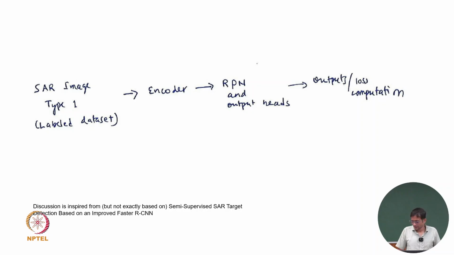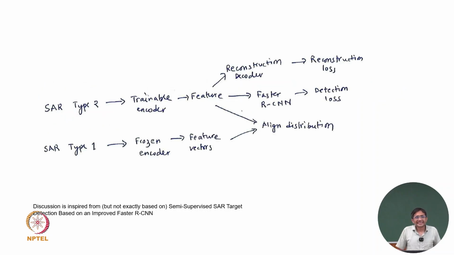Now let us bring in the SAR type 2, which doesn't have a label data set, or the label data set size is small. Now we are training this SAR type 2, which means we are using a trainable encoder for SAR type 2, and for SAR type 1 we are keeping a frozen encoder.